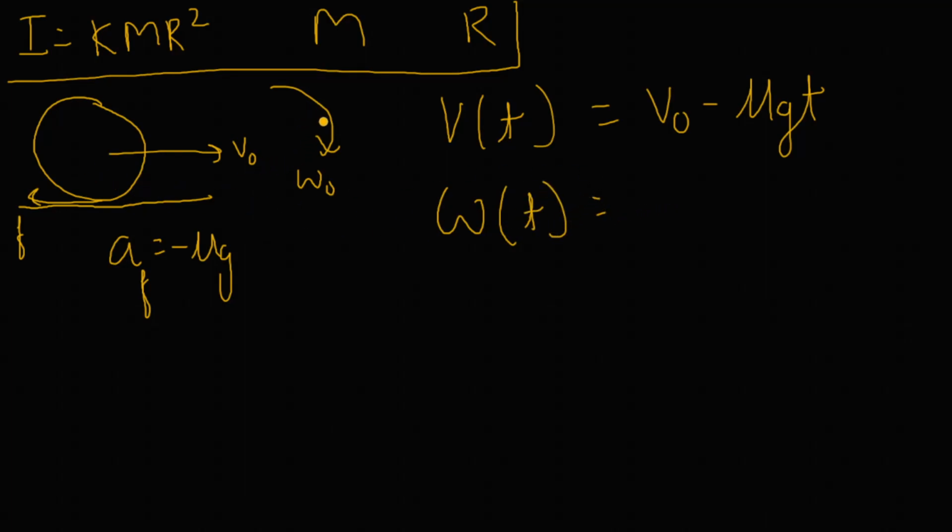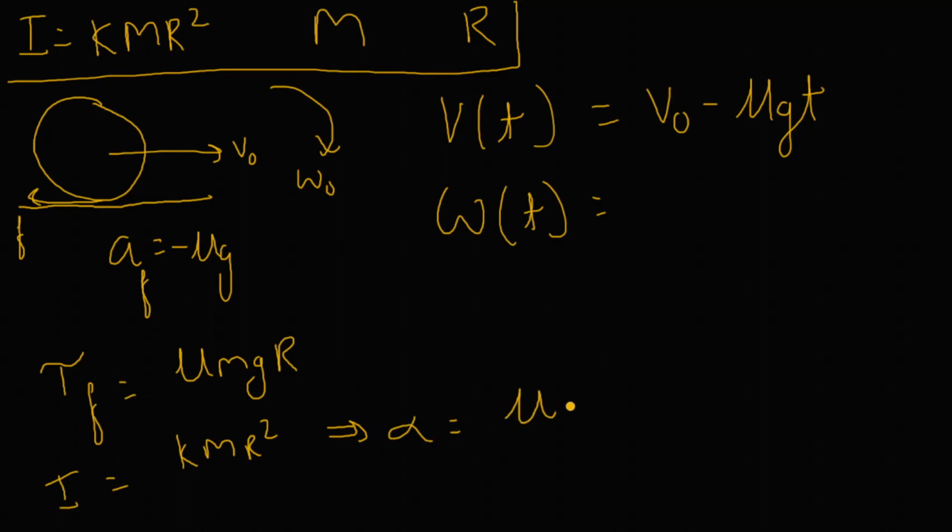Here we can see that the angular velocity and the torque due to friction are in the same direction, so the angular acceleration is going to be positive. We have torque due to friction as mu mgr and moment of inertia as kmr square. Angular acceleration is equal to torque by moment of inertia, which is mu mgr by kmr square.